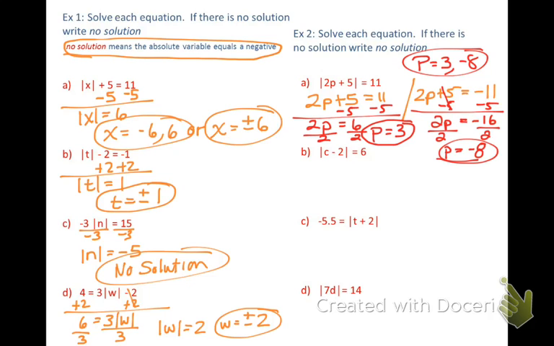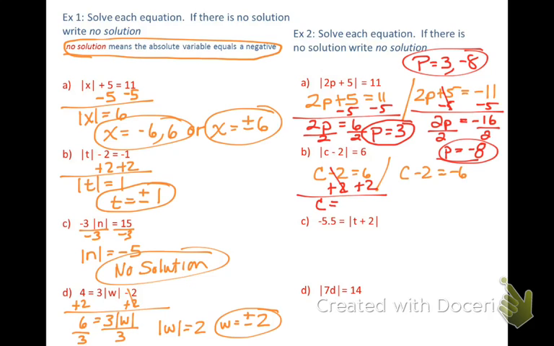Next one. Again, you have an absolute value equals a positive number, which is 6. So you can make your two equations. Remember to take off the absolute value sign. So it's going to be c minus 2 equals 6, and c minus 2 equals negative 6. Then I'm going to add 2 to both sides of the first equation.